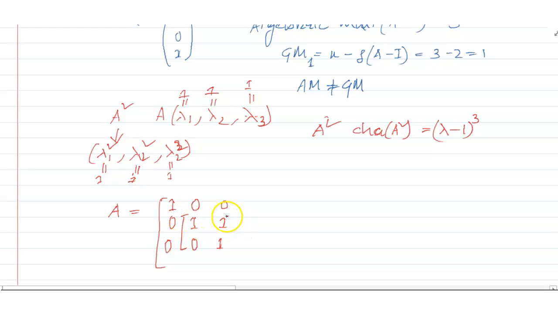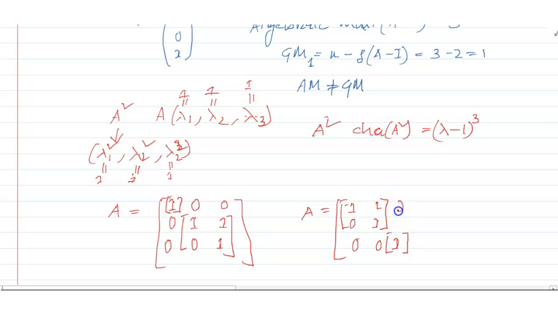This is one possibility, and another possibility is A equals the matrix with rows 1 1 0, 0 1 0, 0 0 1. This is a total of two possibilities.